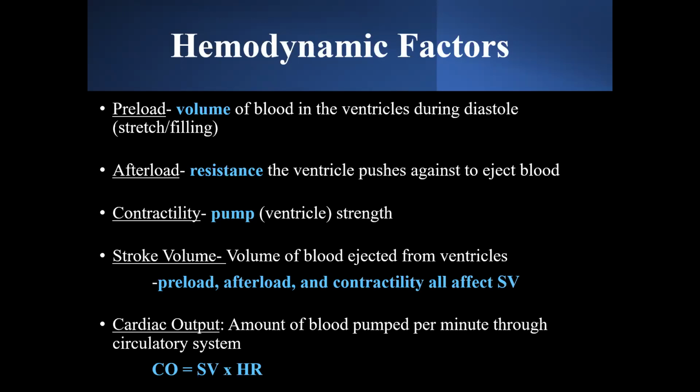Okay. So back to your pretest. Preload is reflected in two measurements. That's the right atrial pressure, on the right side of the heart. And then the pulmonary artery occlusion pressure, or PAOP, that's on the left side of the heart. And don't panic because we're going to talk about it coming up in a couple slides.